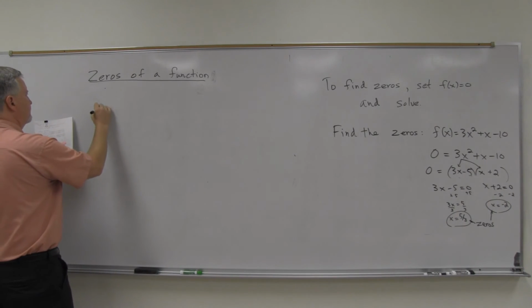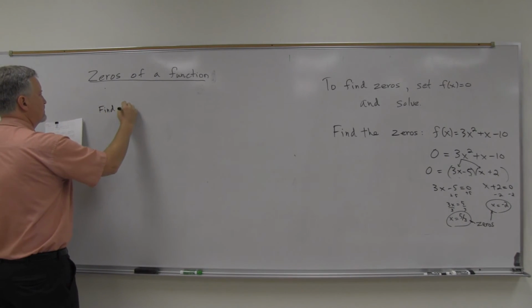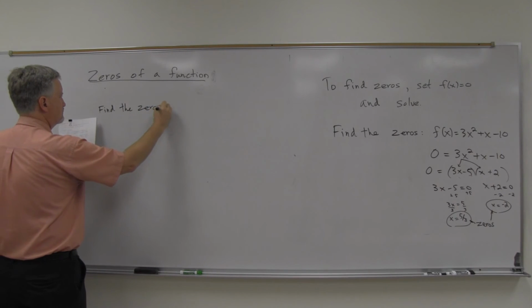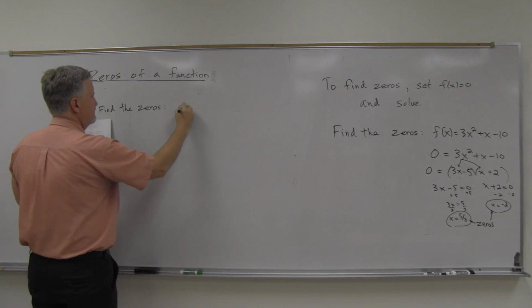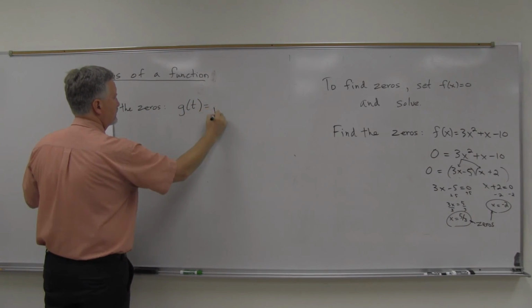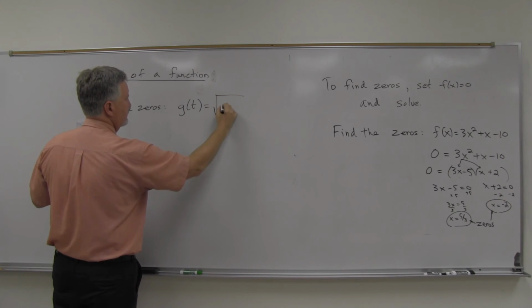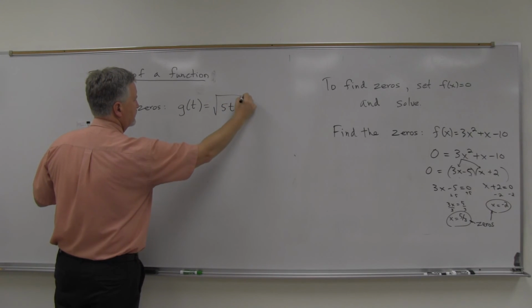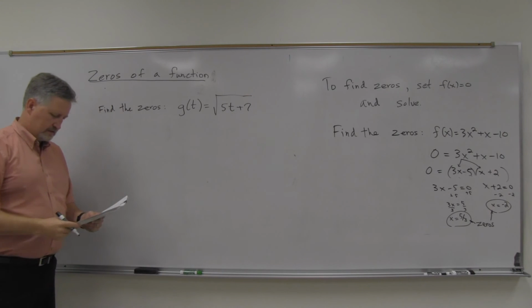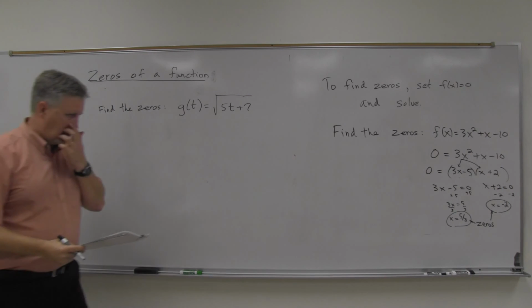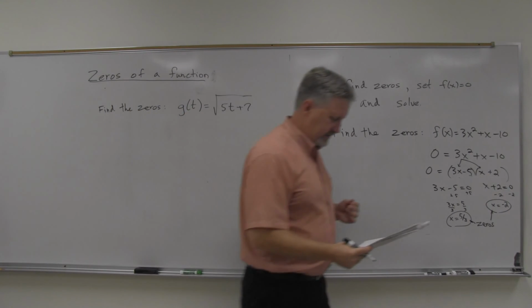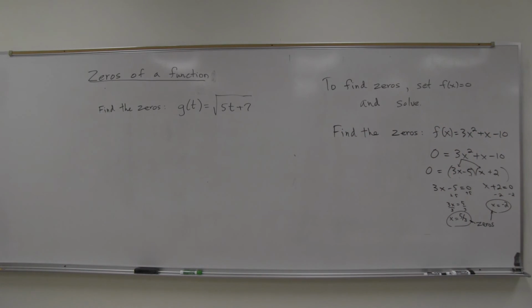All right. Find zeros. G of t equals the square root of 5t plus 7. Well, all right, so this one is not an f of x, but what are we going to do?